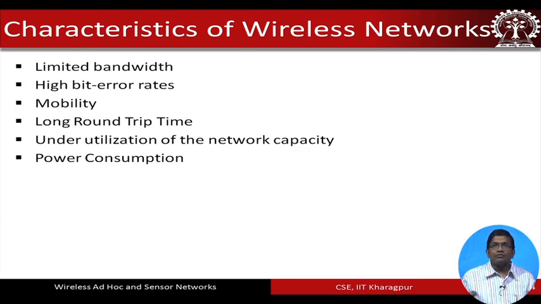Typically in a wireless network, the nodes are mobile. The round trip time is typically much longer compared to wired networks. Power consumption is also a very important concern, because in wired networks power is not an issue, but in wireless networks power consumption is a very important issue.